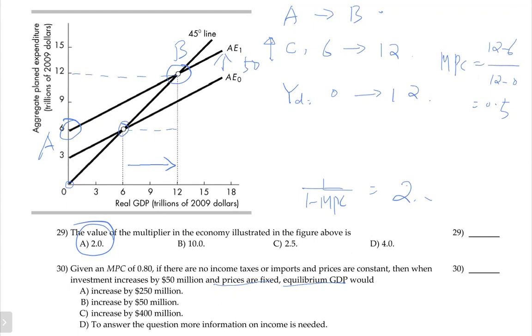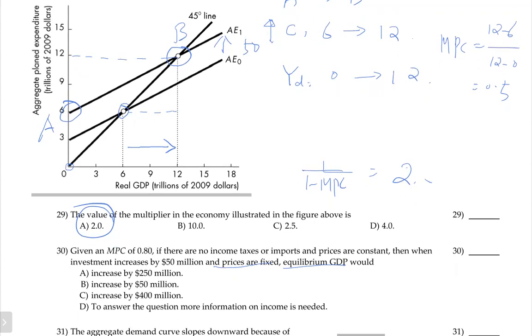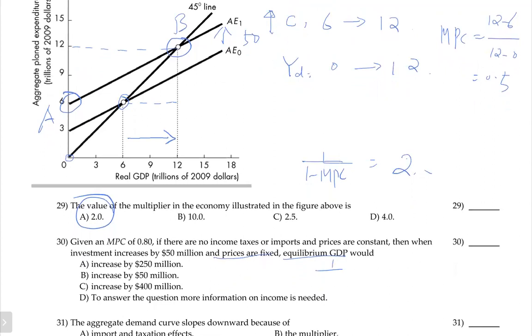This links with the multiplier, and here first we can calculate a multiplier equal to 5. And so the equilibrium GDP will increase by a factor of 5 when investment increases by 50. So the answer for 30 should be A, 5 times 50 or 50 times 5.